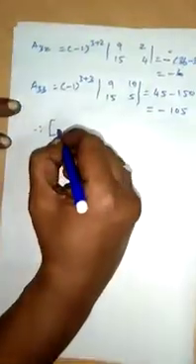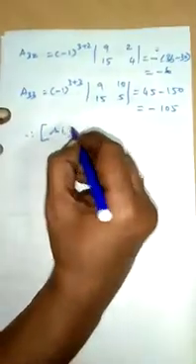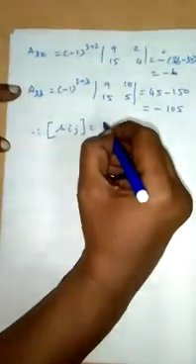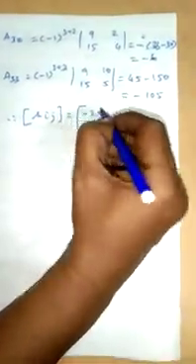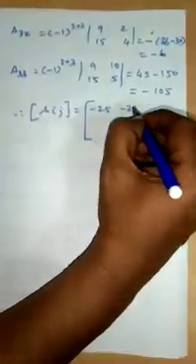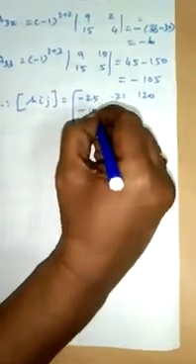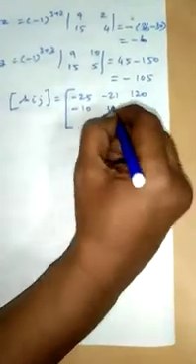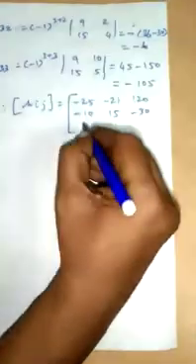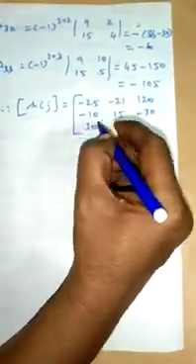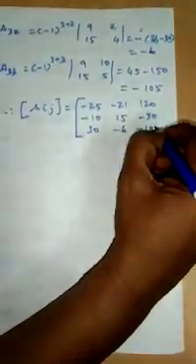Therefore, the cofactor matrix Aij is equal to minus 25, minus 21, 120, minus 10, 15, minus 30, 30, minus 6, minus 105.